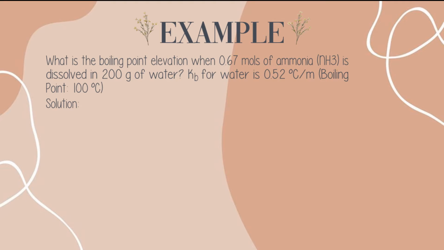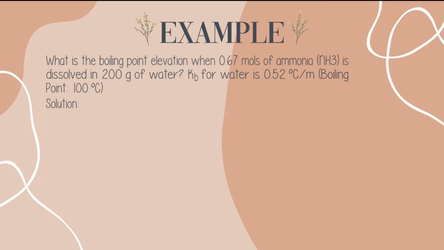In this example, what is the boiling point elevation when 0.67 moles of ammonia is dissolved in 200 grams of water? The ebullioscopic constant for water is 0.52 degrees Celsius per m and the boiling point is 100 degrees Celsius.